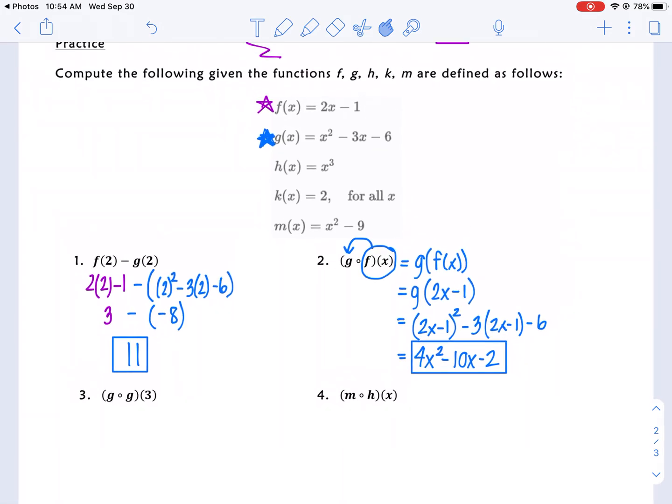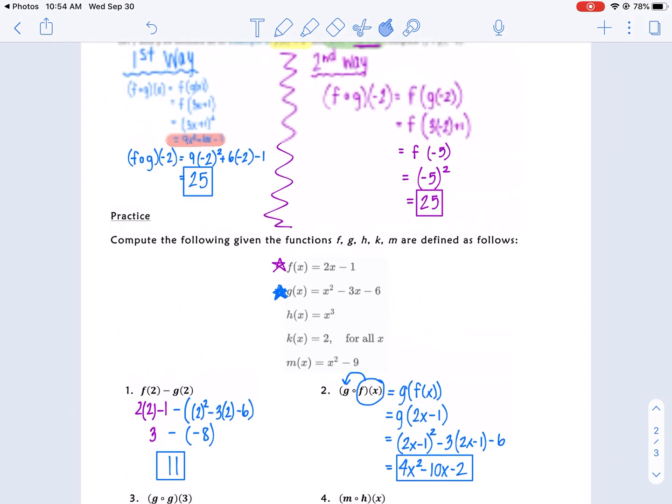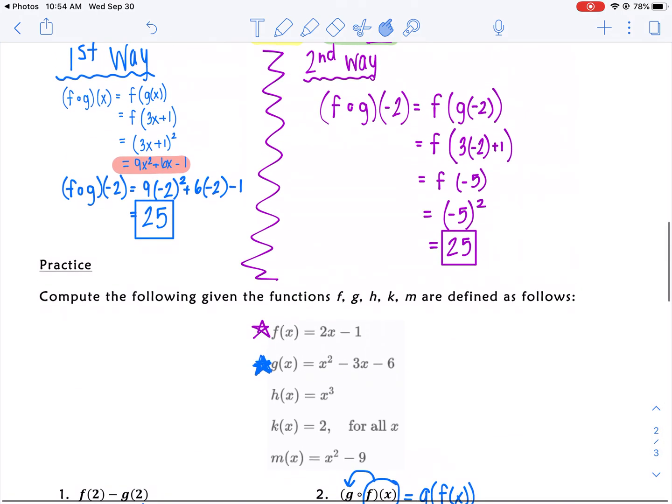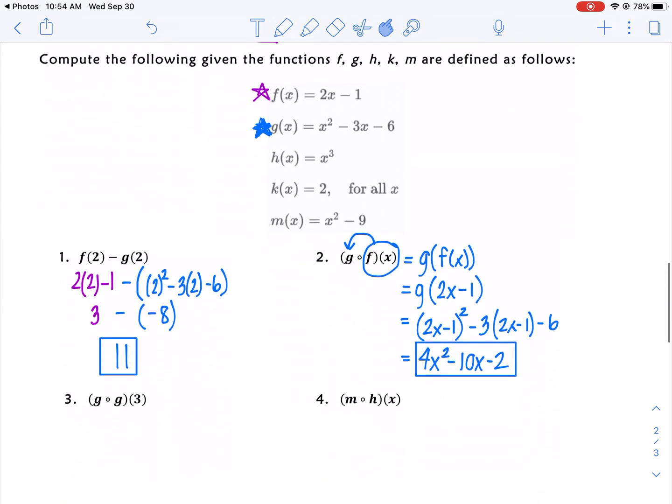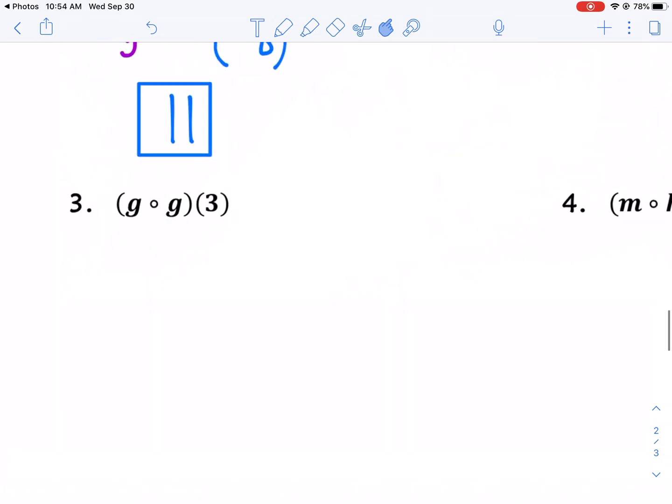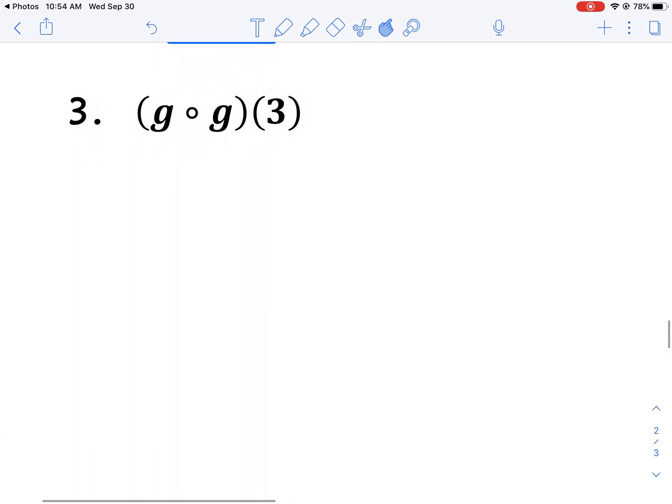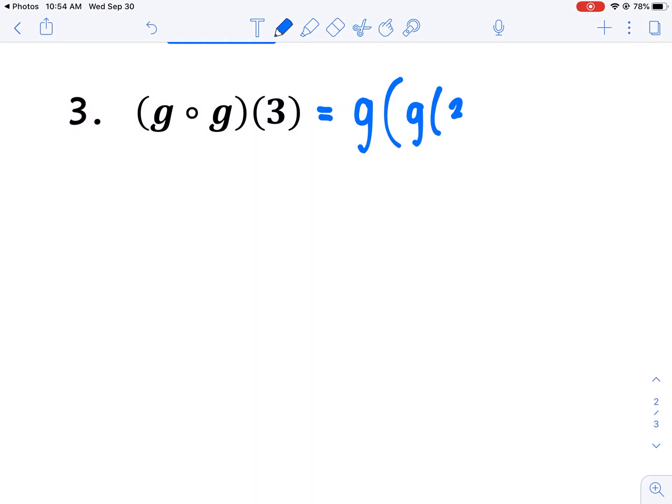So that is like up here, you have two options, either way to solve these, because it's a composite. So what I'm going to do is rewrite it as g of 3.